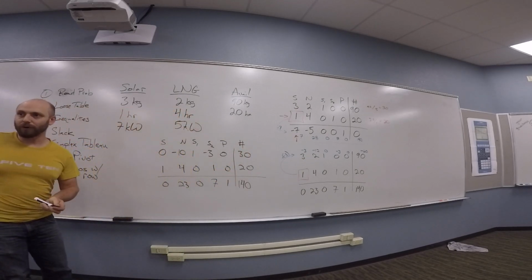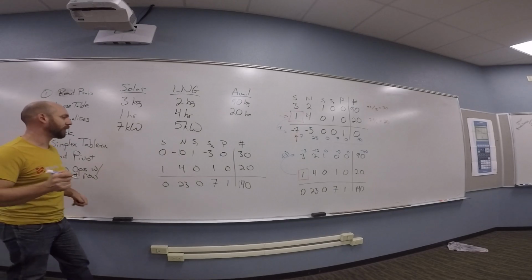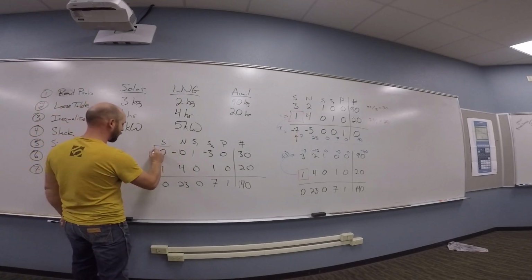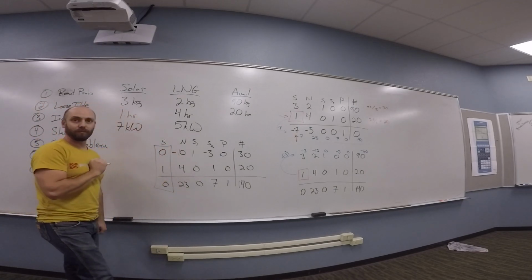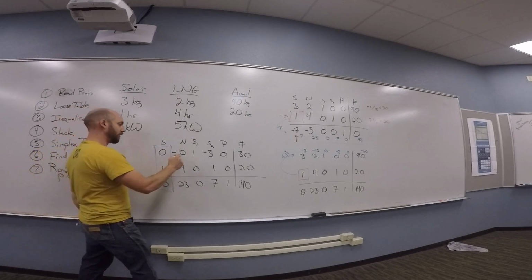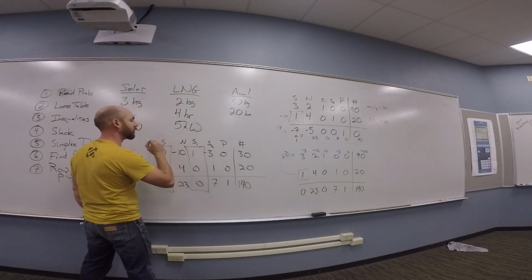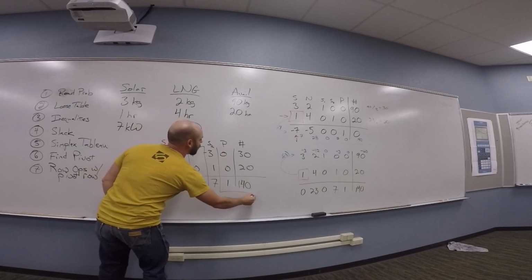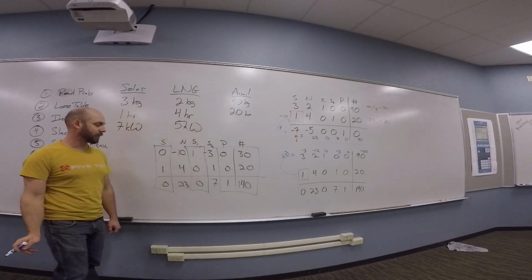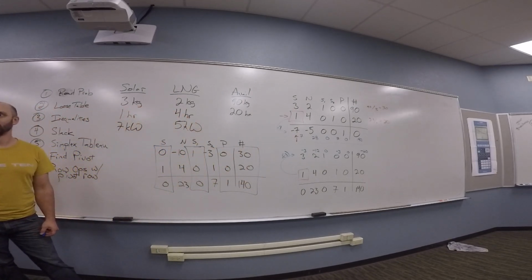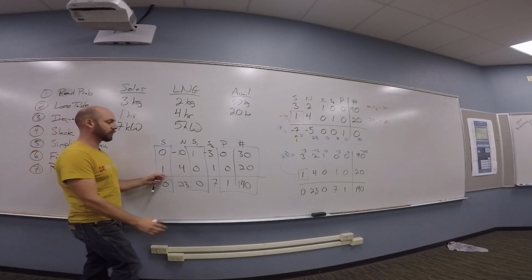And then to interpret where you're at, you go through there and you say, that's an identity matrix column. This is an identity matrix column. That's an identity matrix column and the augment row. So solar panels, 20.